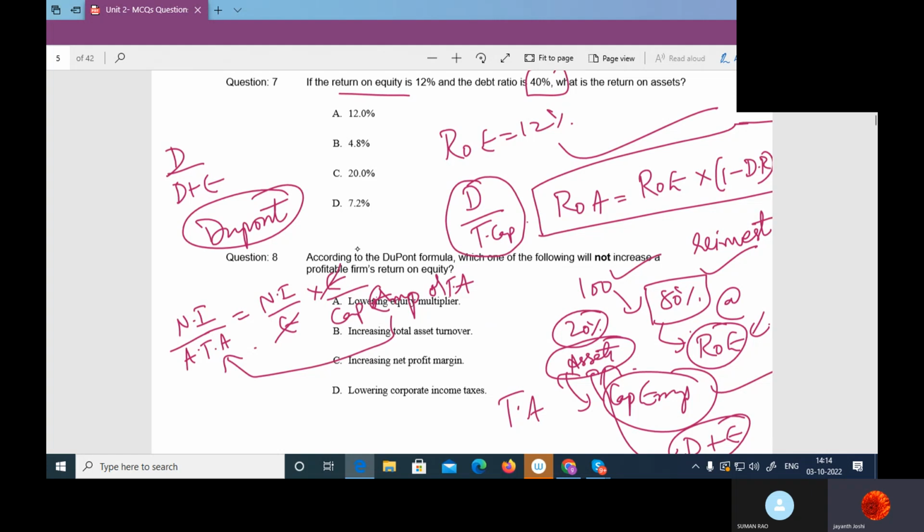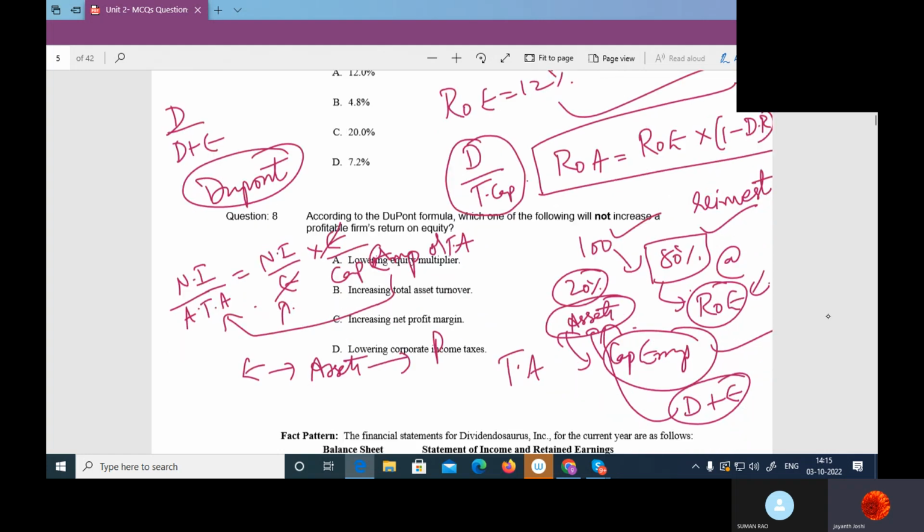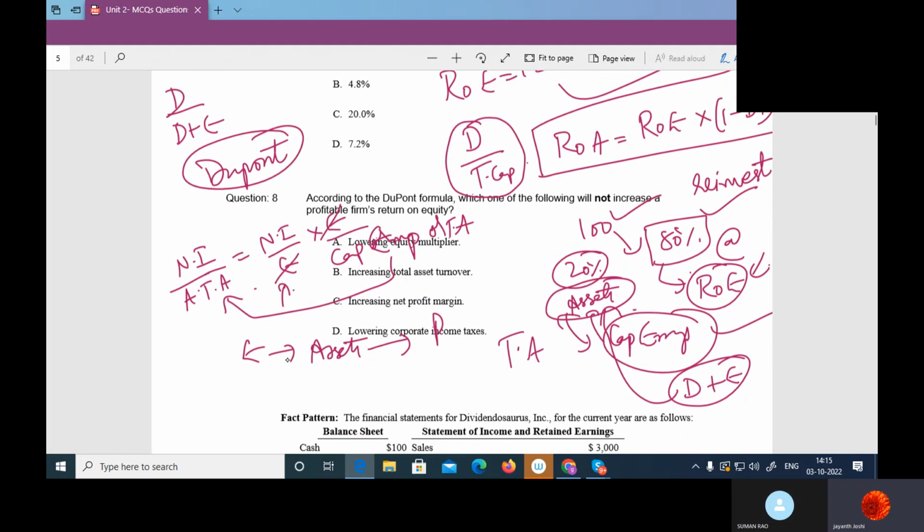So what does it say? Whatever equity you are investing, you are looking for profits, and with the equity you have, you are purchasing assets. So equity is used for buying assets, and assets are utilized for generating profits. Correct or wrong? So what does it mean?